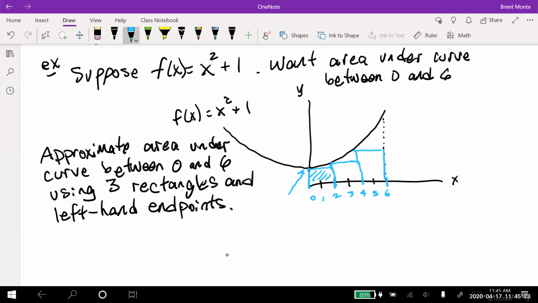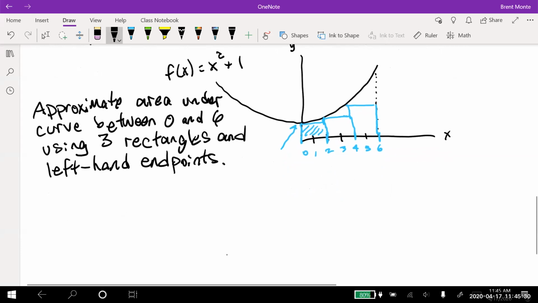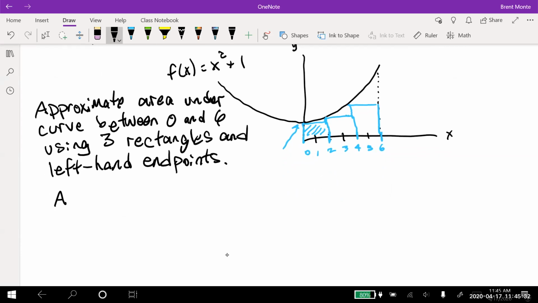Well, it's a rectangle, so we know my total area is going to be rectangle 1 plus rectangle 2 plus rectangle 3.